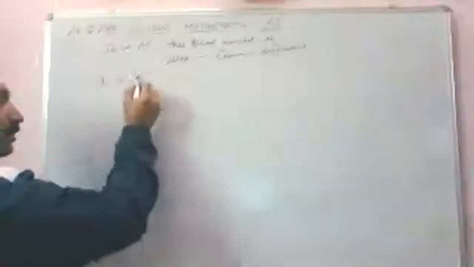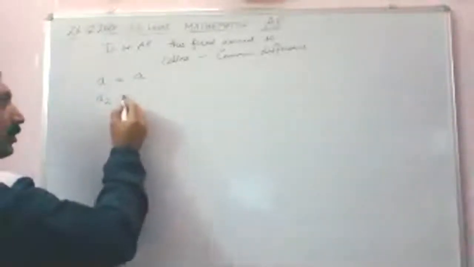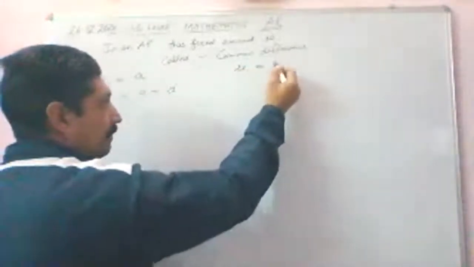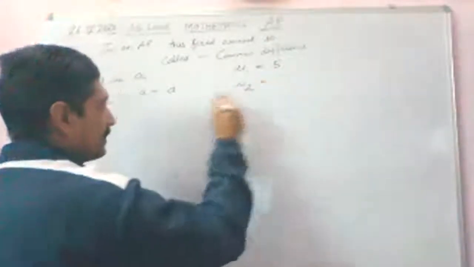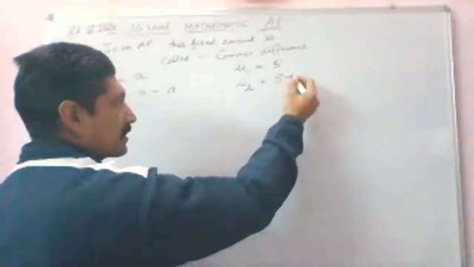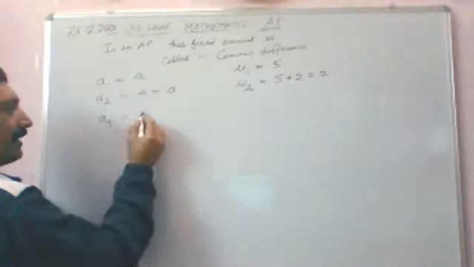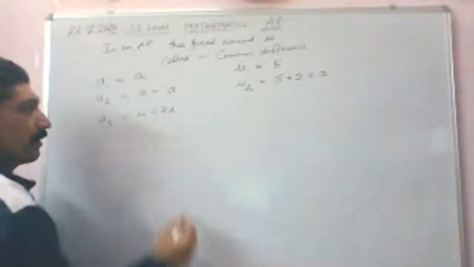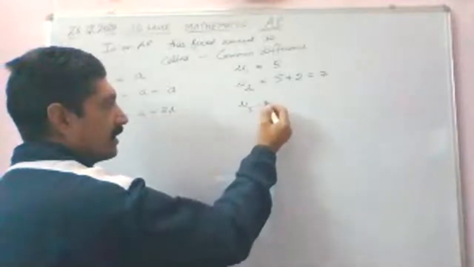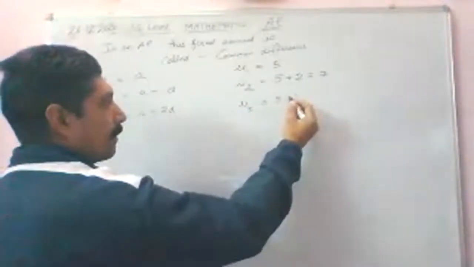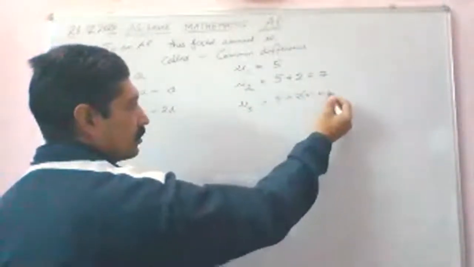Like here, the first term a1 is a, a2 is a plus d. Like here u1, the first term, was 5, then u2 is a plus d, 5 plus 2 is equal to 7. a3 we can write as a plus 2d, or here u3 is 5 plus 2 into 2, so it is equal to 9.